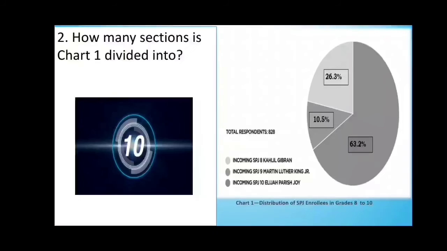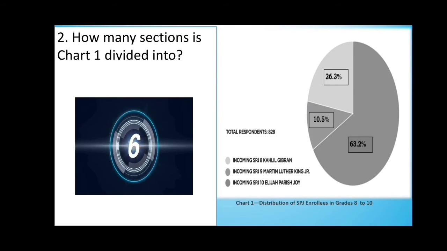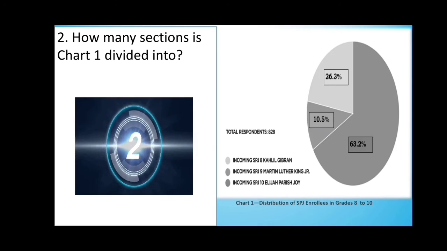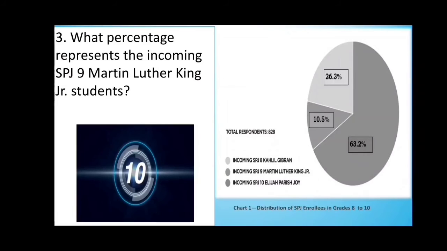Time's up. Number 2. How many sections is chart 1 divided into? Write your answers now. Number 3. What percentage represents the incoming SPG-9 Martin Luther King Jr. students? Write your answers.